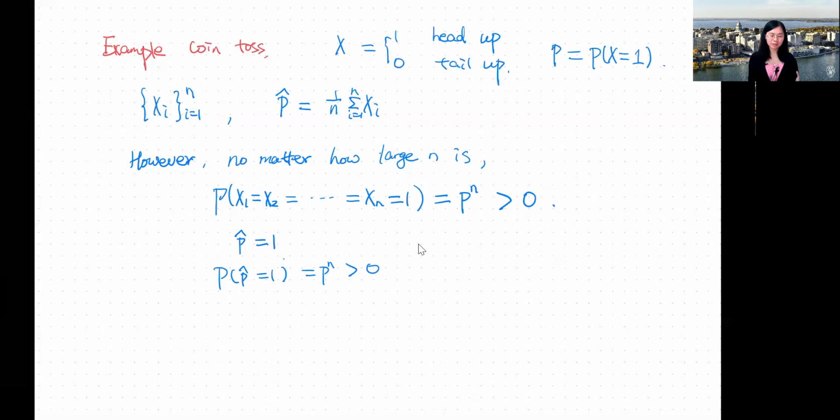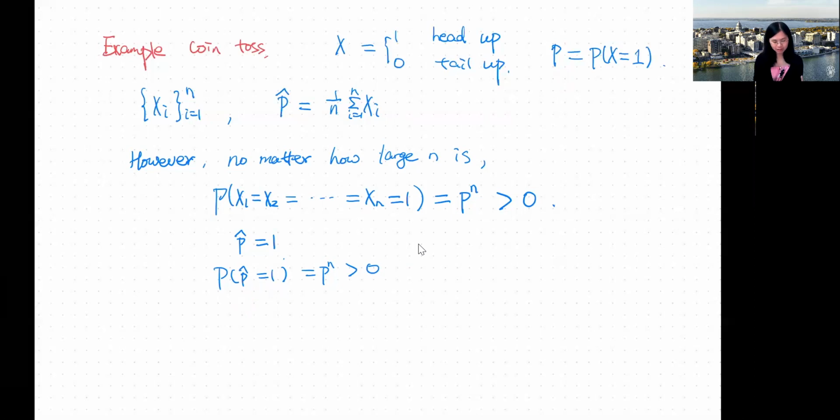So what that implies is that it's not possible to guarantee that p hat is close to p, because 1 is not close to p. No matter how many times you toss the coin, it's not possible to 100% guarantee p hat will be close to p.